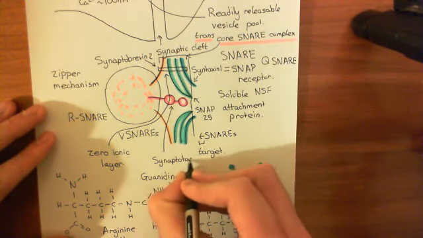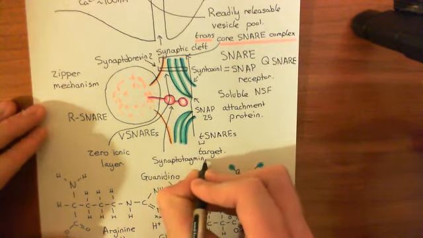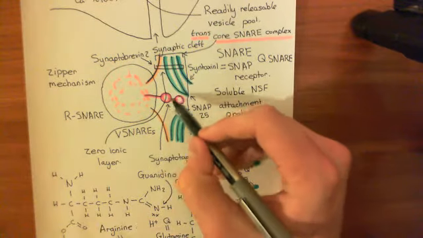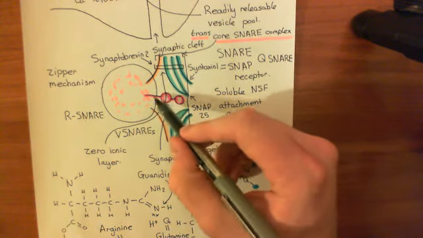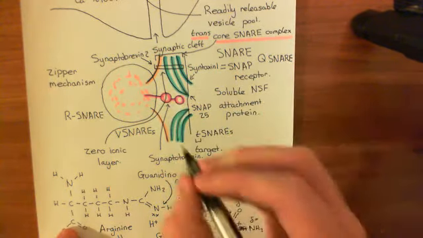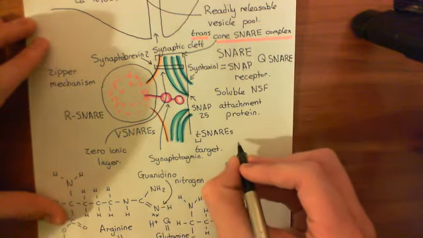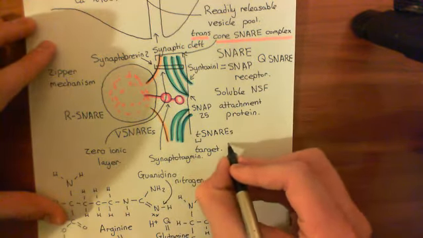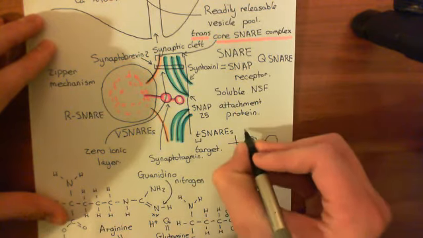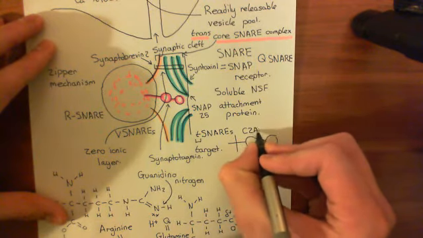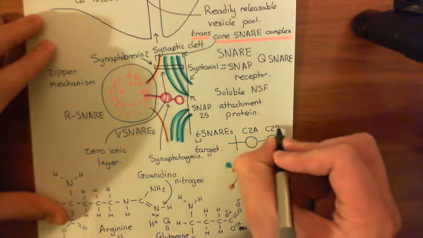So this is synaptotagmin. Right, okay, so it has these two domains. The one that's closer to the membrane-spanning alpha helix is the C2A domain. So let me draw it again down here. Okay, so here's our synaptotagmin again in the membrane here. So this is the C2A domain, and this is the C2B domain.